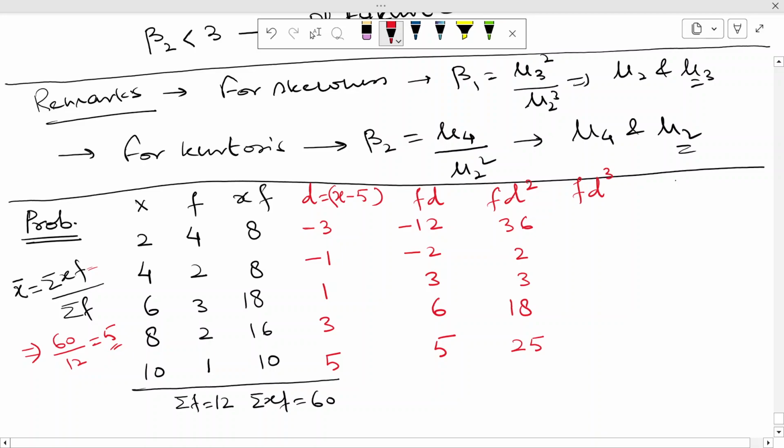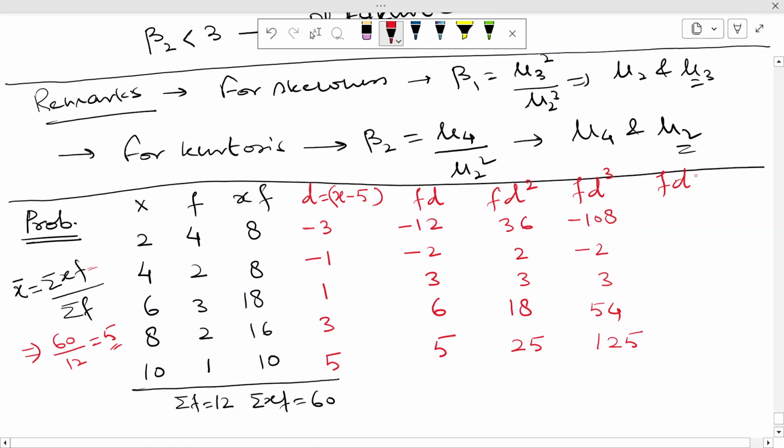Similarly, multiplying fd square with d to get fd cube, it is coming out as -108, -2, 3, 54, and 125.